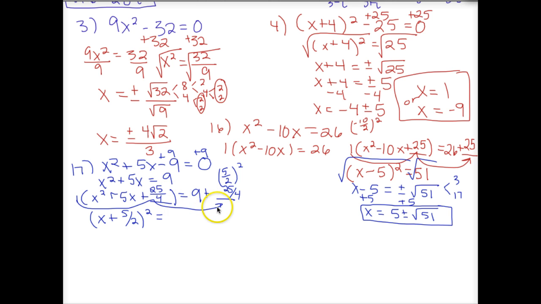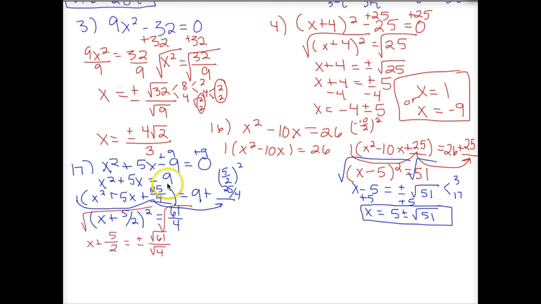Again, you have a calculator, so you're also allowed to use your calculator to add those. Either way, you should get 61 over 4. We don't use decimals. So then, squared term alone, so square root both sides, gives me x plus 5 over 2 over here, plus or minus the square root of 61 over the square root of 4 over here.